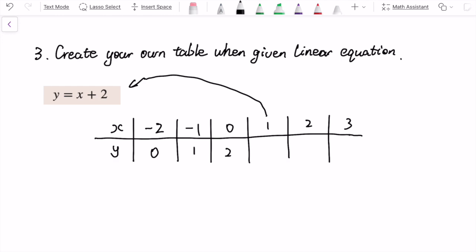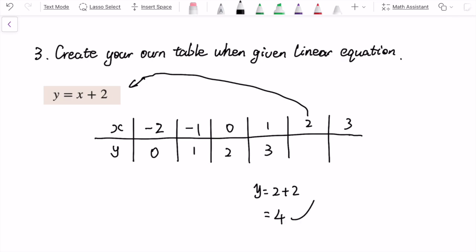Next, you are going to put 1 into this equation. So y equals 1 plus 2, and y equals 3. You put the 3 into this box. Next, you are going to put number 2 into this equation. y equals 2 plus 2. So y equals 4. You put 4 into this box.